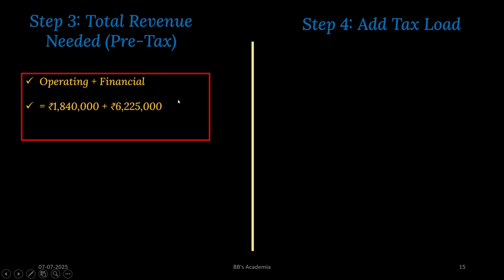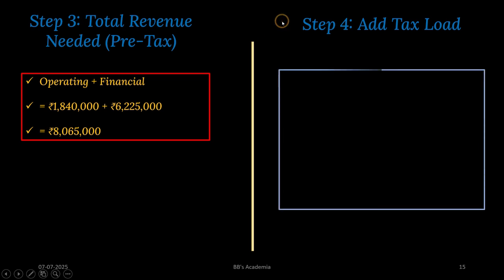Okay, total is this amount. This is the total revenue needed pre-tax, before paying any tax. Now, the next step is to calculate what to earn, because ultimately after giving tax, what will be our tax load?